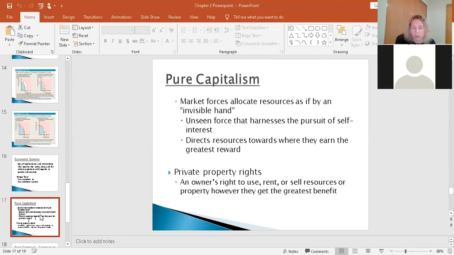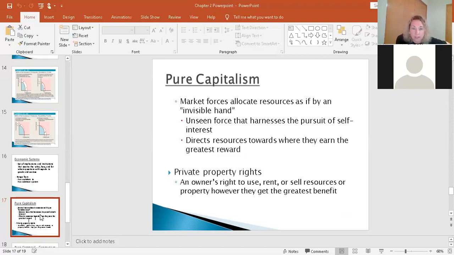Invisible hand is something we talk about a lot in economics to explain the stuff we can't really explain. It just happens. It happens because of human behavior. It just does. Nobody makes it happen. It just happens, right? Because of the pursuit of self-interest. You and I do things that are in our own best interest, and as a result, markets sort things out as if by invisible hand.